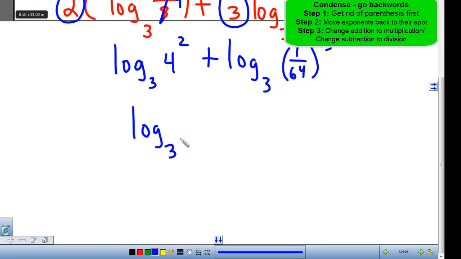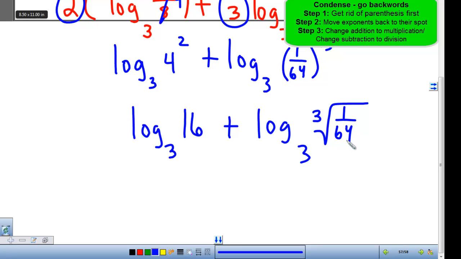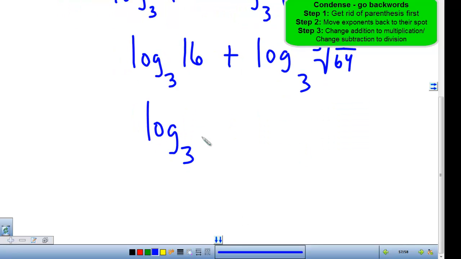Log base 3 of 4 squared is 16 plus, this is log base 3 of the cube root of 1 over 64. So log base 3 of 16 plus log base 3 of, and the cube root of 1 over 64 is 1 over 4.